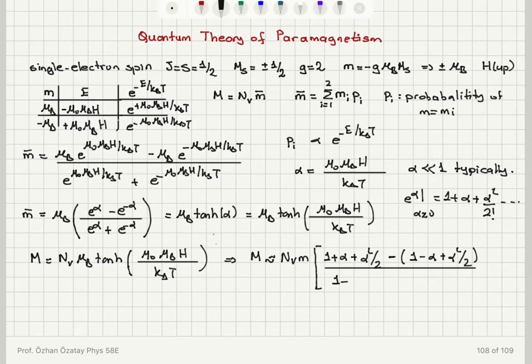And at the bottom I would have 1 plus alpha squared over 2 plus 1 minus alpha plus alpha squared over 2. So this would give me, for the total magnetic moment m, number density times, this is a Bohr magneton, so for small alpha this would be number density Bohr magneton.